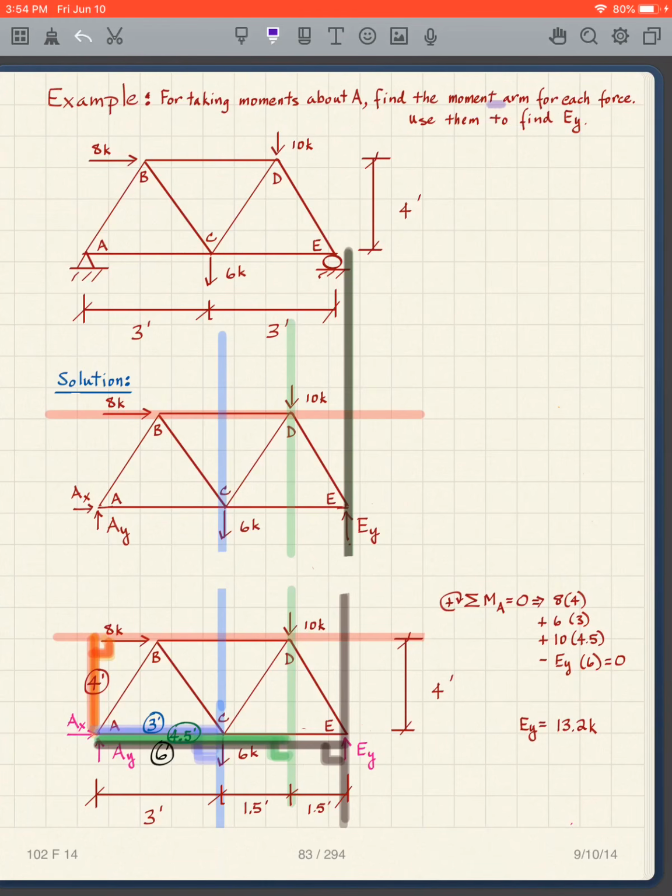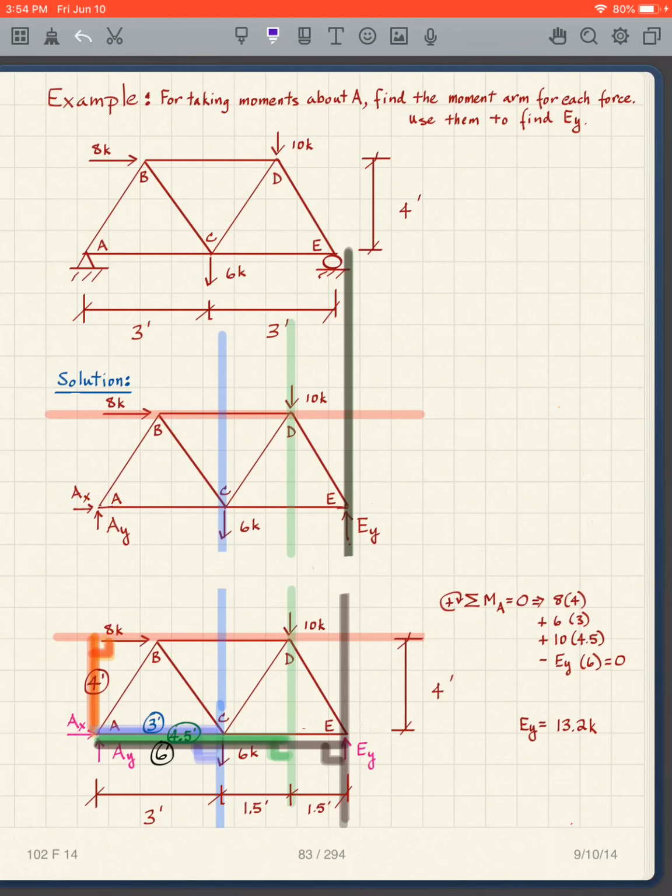Our goal is to find EY. So when I take moments about A, to be honest with you, I don't really need AY and AX because they go through my point. So the distance is 0. So it doesn't come into my equation.